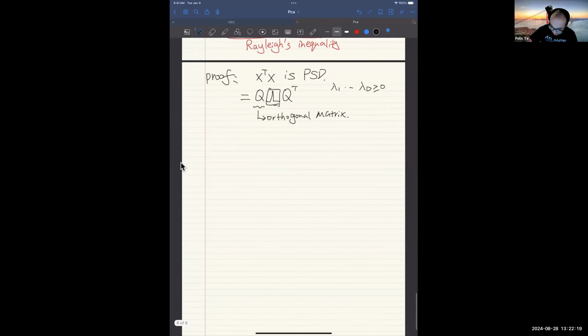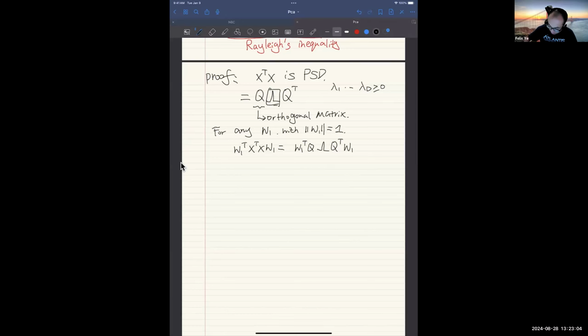Then for any W1 with unit length, meaning the norm of W1 equals 1, W1 transpose X transpose X W1 can be written by plugging in this eigenvalue decomposition, giving W1 transpose Q lambda Q transpose W1.